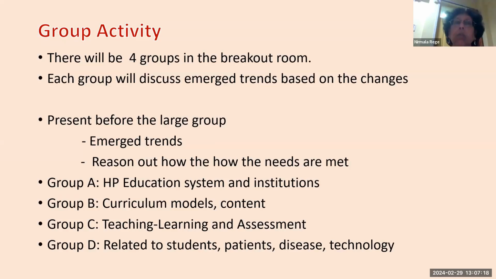Group A will discuss the emerged trends in the HP education system and the institution. Group B will talk about the curriculum models and content, because curriculum will also have objectives, teaching, learning, assessment, program evaluation. Restrict yourself to the models, maybe the aims, objectives and content.